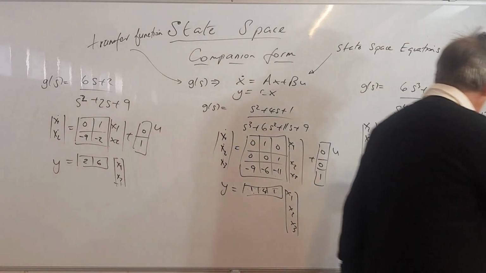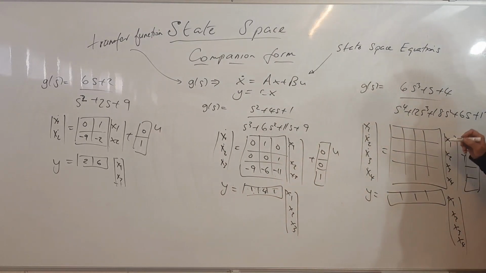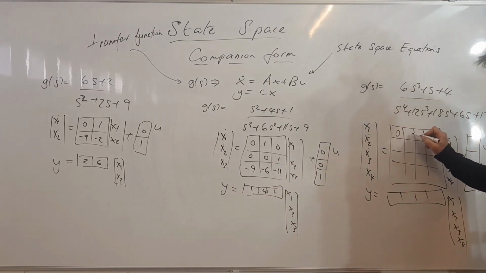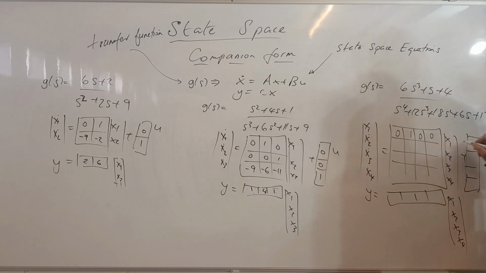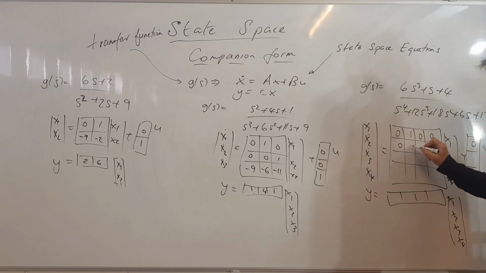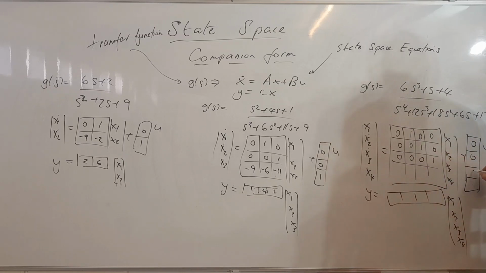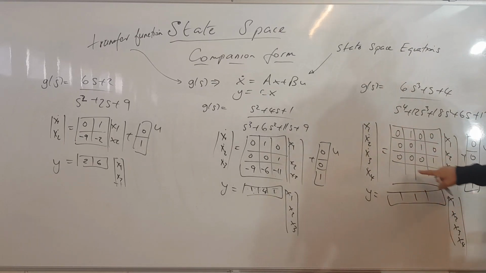So let's move over here. The technique is we fill the matrix with zeros, with 1s off the main diagonal, and a row of coefficients at the bottom. I'll try and get it right this time: the denominator numbers go along the bottom row in reverse order with negative signs.